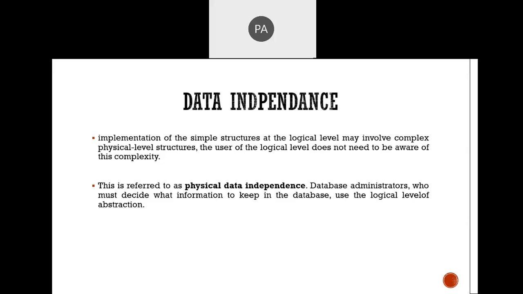I created the schema, I inserted the data, and my data is visible by using the view level, but I don't have knowledge of the relationship. So there is a problem of relationship. That means the complexity will increase, and once the complexity increases, data independence will be affected.